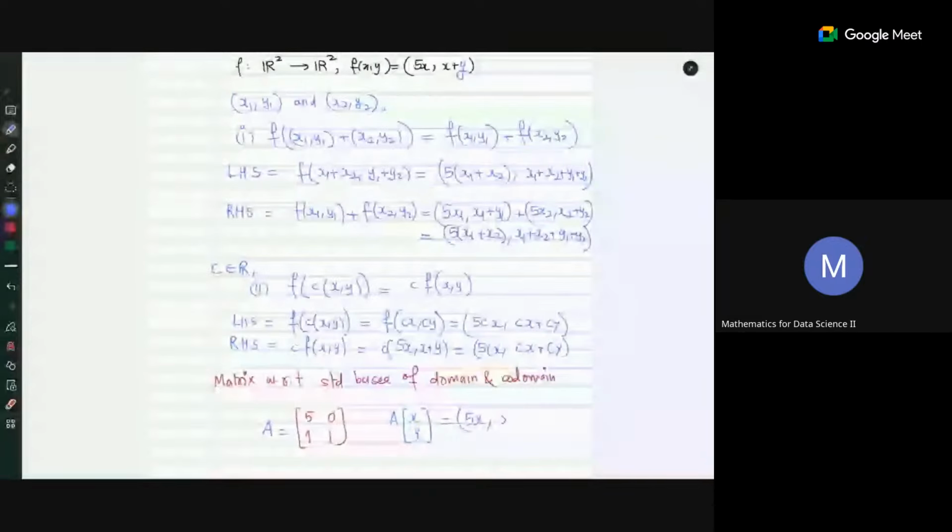Now this is the same as f of xy, isn't it? Yes, this is the same as f of xy.